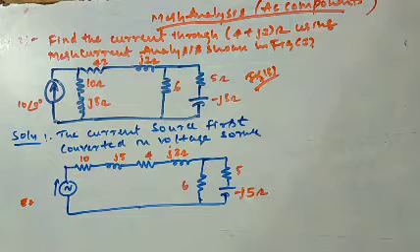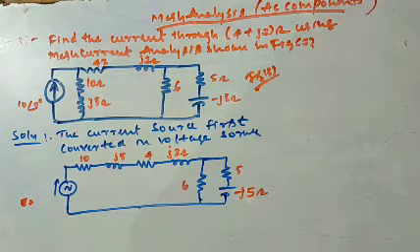See, in this given figure number 3, the current source is in parallel with the resistance 10 ohm and J5 ohm. This has to be converted into a voltage source, bringing this shunt resistance into series.